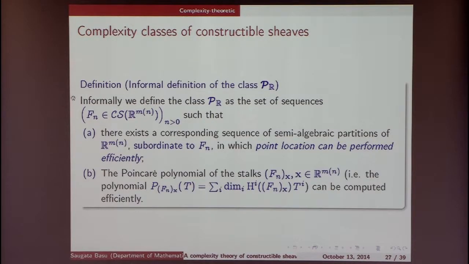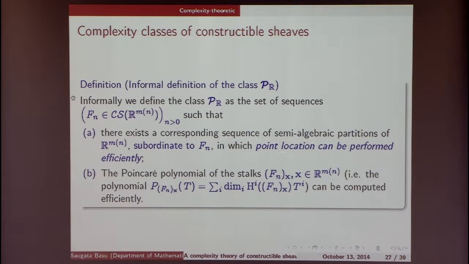So informally, and here we should be careful, we say a sequence of constructible sheaves on R^m is simple, is in PR, if there exists a sequence of partitions of R^m, for each n subordinate to F_n, but this partition is allowed to have exponentially many pieces.